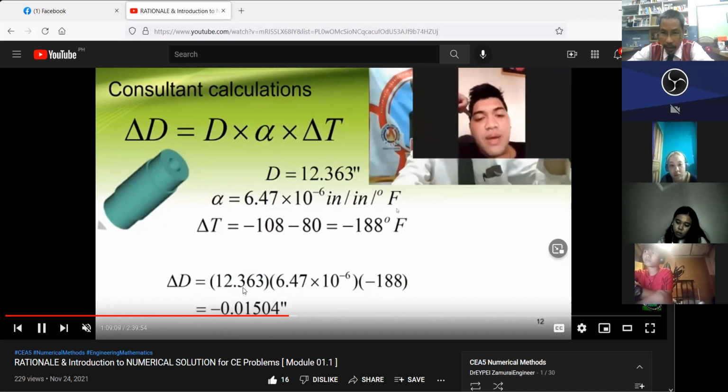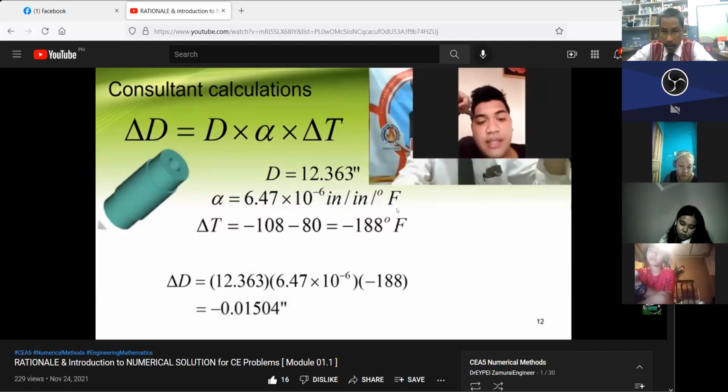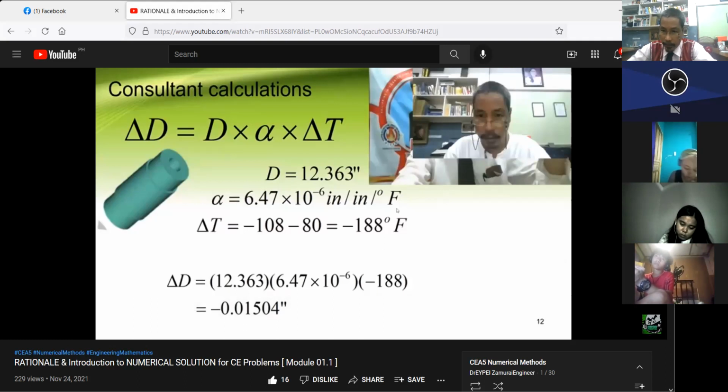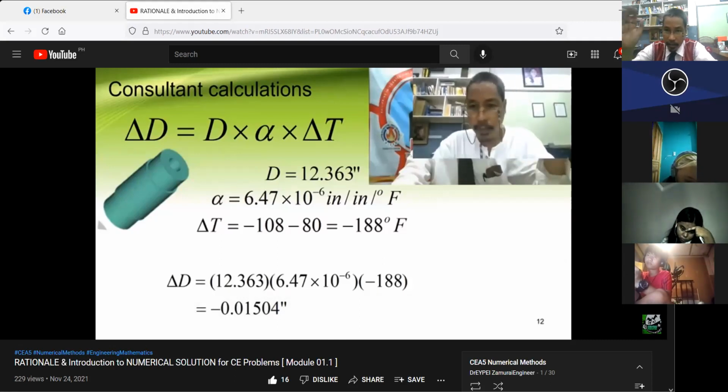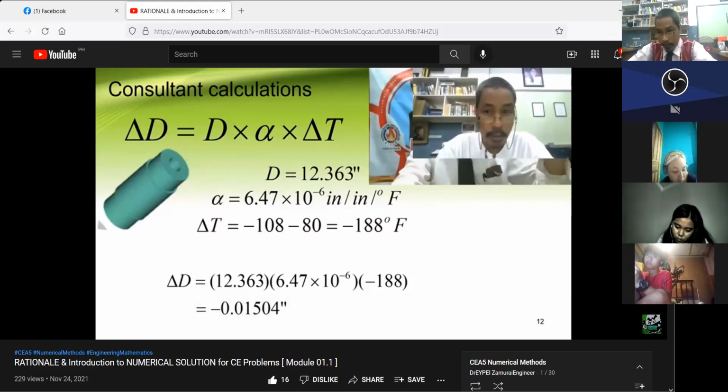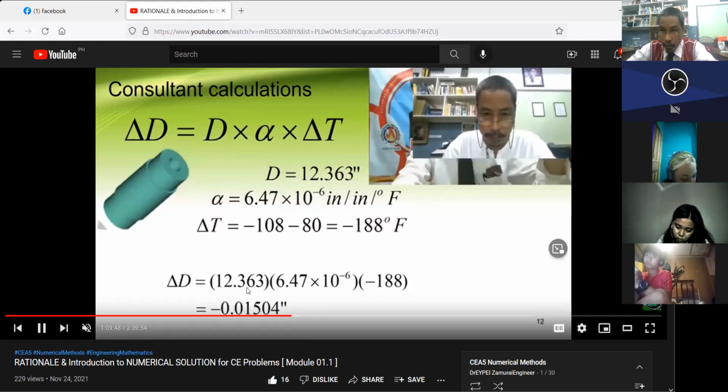because we learned from physics that as the temperature increases, the object also becomes bigger, no? So there is a principle in physics that you should know.